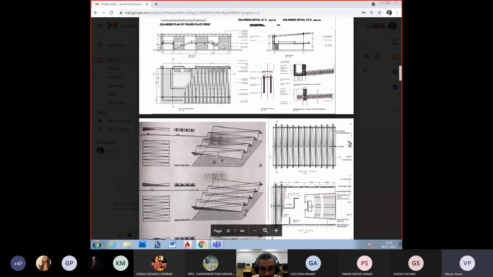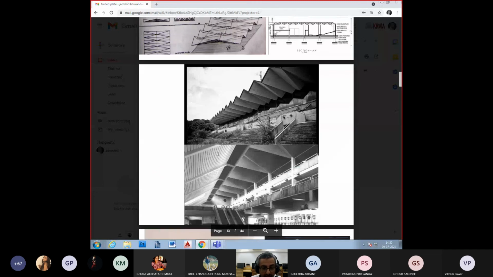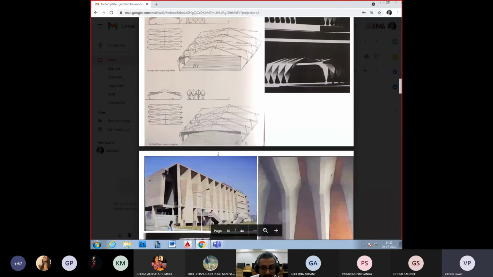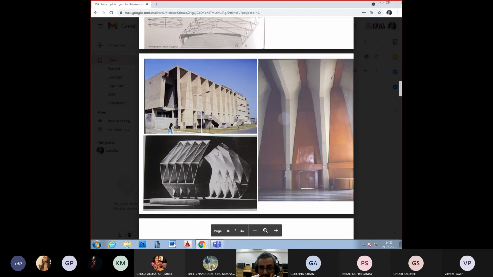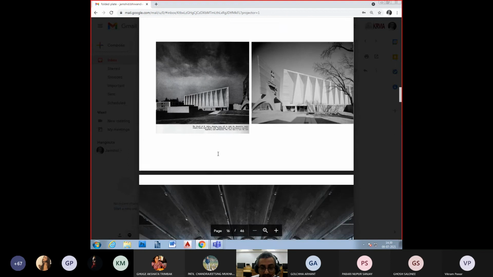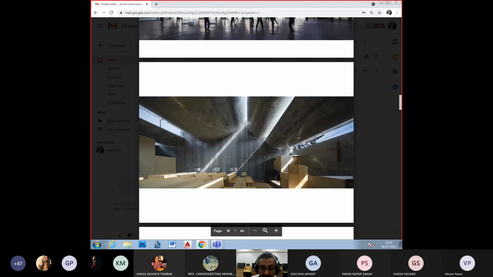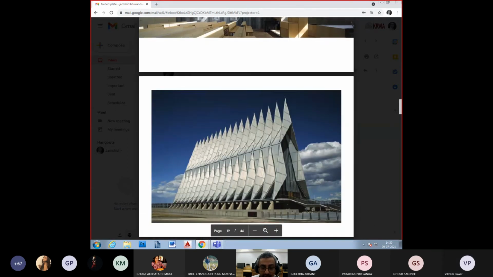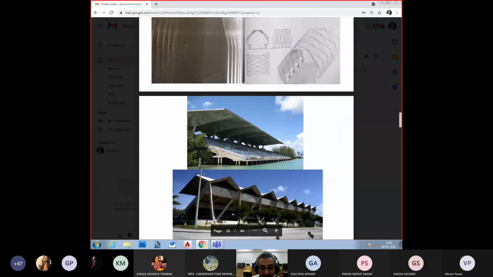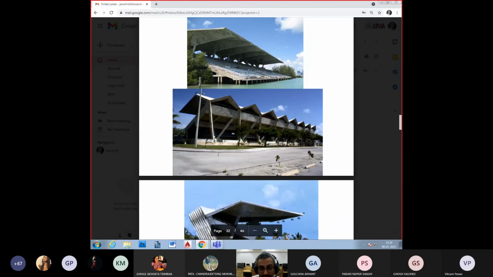Some of these buildings are known only because of the character that is lent to them by the folds. So these are identity creators, other than just having long spans.